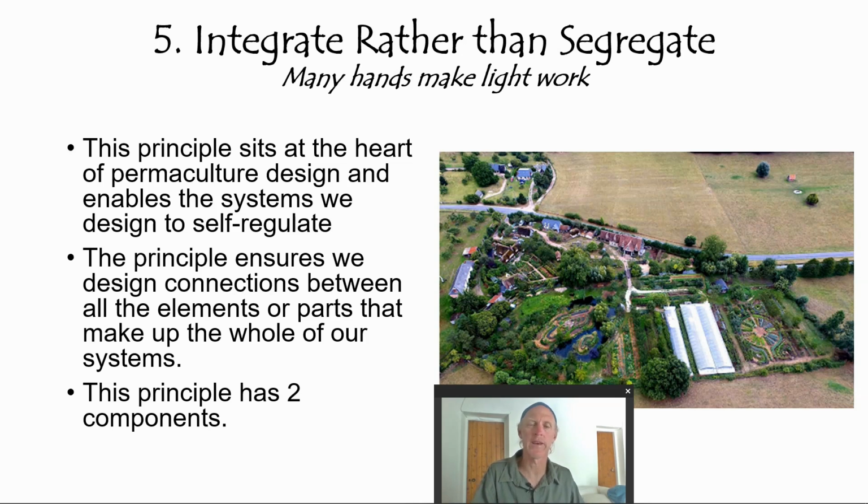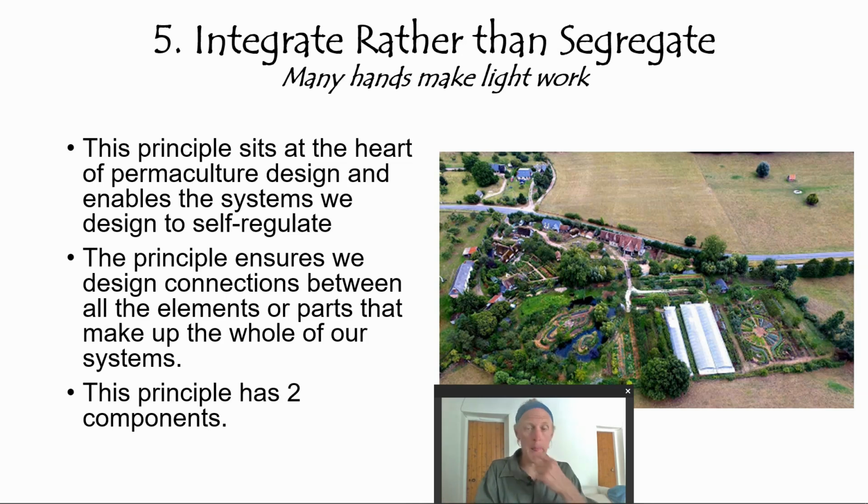Okay. And so this principle really sits at the heart of permaculture design. Right, and it ensures that we design connections between all the diverse elements of our system, okay? All the different holons or parts that make up the whole. It's all about making connections, connectivity, because connectivity is the essence of syntropy, okay, and is the essence of ecological functioning.